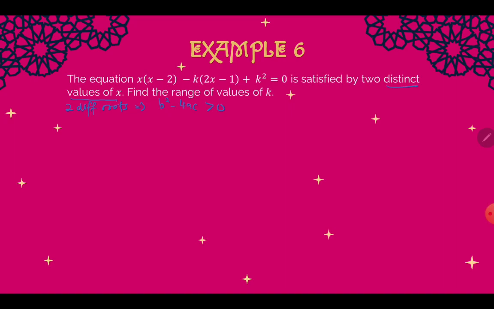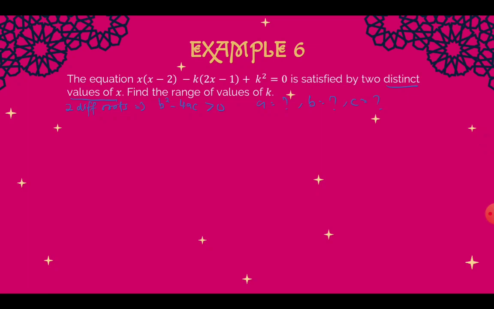So, what are we going to find? We need to find first what a, b, and c are. The problem is the equation given doesn't give us the values of a, b, and c easily. So what should we do?